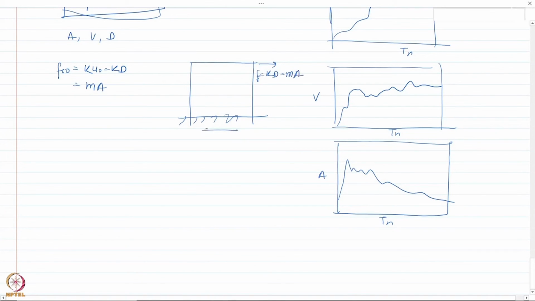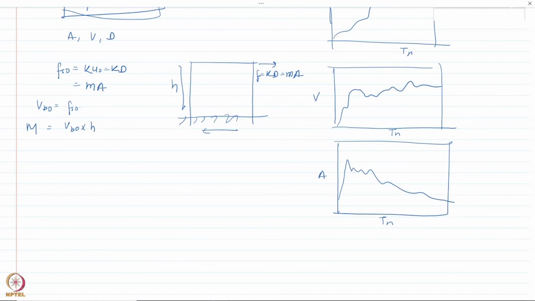Subject to that, I can find out the peak value of the base shear, which is fso times the height of this structure. Actually, there is no height here. This is simply, base shear is the applied equivalent static force. And we utilize this knowledge.